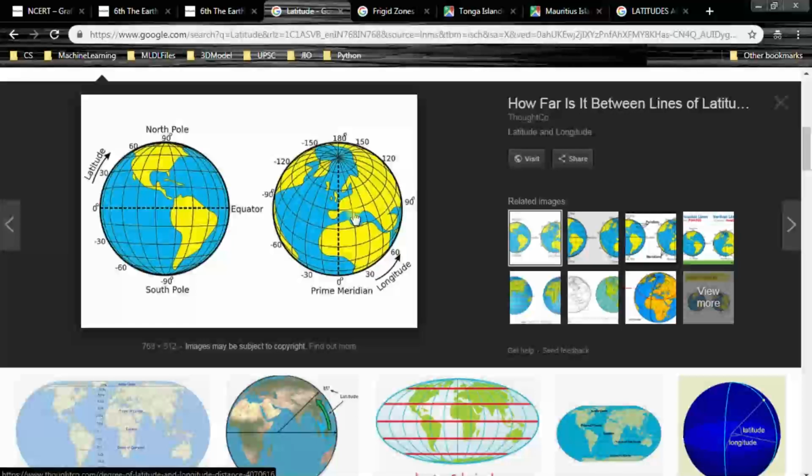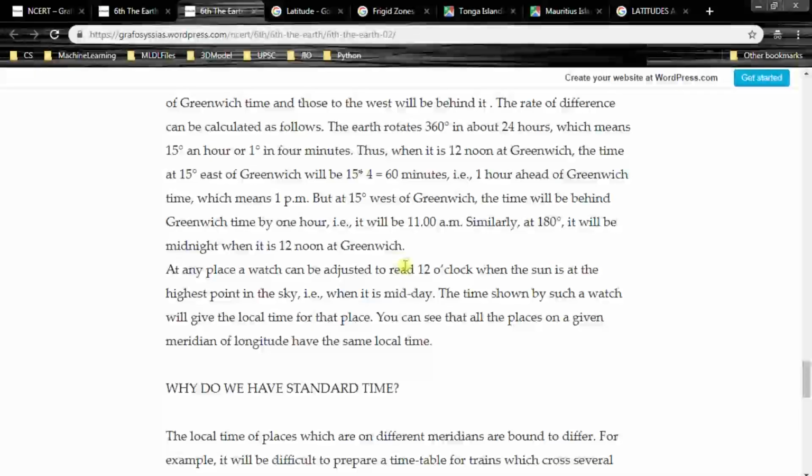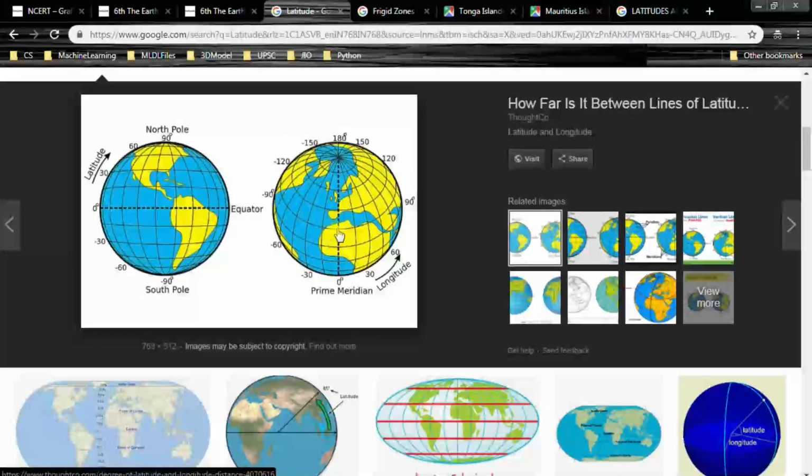So the places lying at this 15° longitude are 1 hour ahead of the prime meridian, and we have to add 1 hour to the prime meridian time. So this is 1 p.m. if it is 12 p.m. Again, if it is 15° west of Greenwich, then we have to subtract 1 hour, that is 11 a.m.